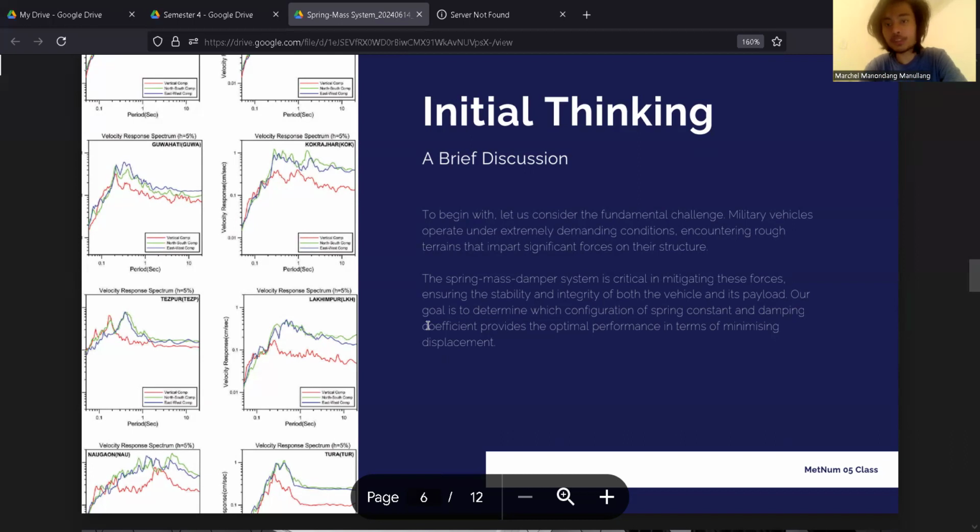Spring mass damper systems are critical in mitigating these forces, ensuring the stability and integrity of both the vehicle and its payload. Our goal is to determine which configuration of spring constant and damping coefficient provides the optimal performance in terms of minimizing displacement.